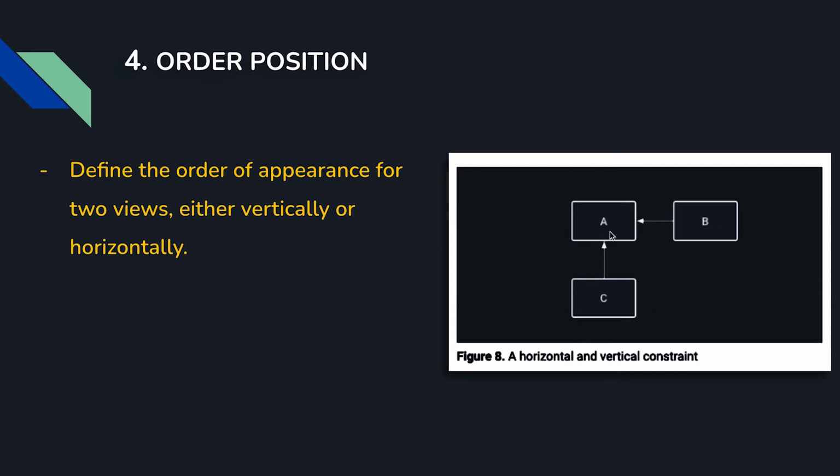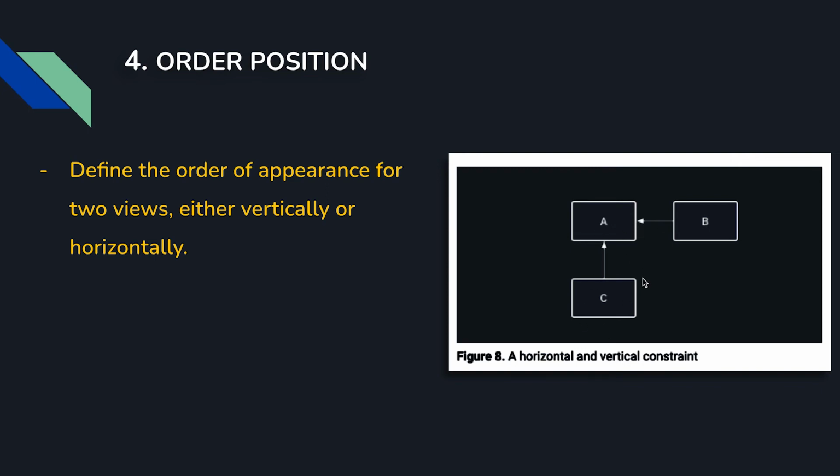Here we have three buttons, button A, B and C. When we constrain B to A and C to A, B has only a horizontal constraint, and C is constrained to the bottom of A, so it's using only a vertical constraint. ConstraintLayout recommends using two constraints, one horizontal and the other vertical.